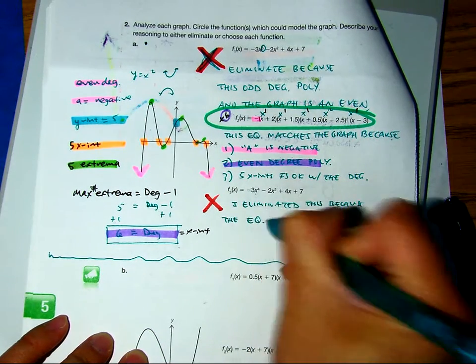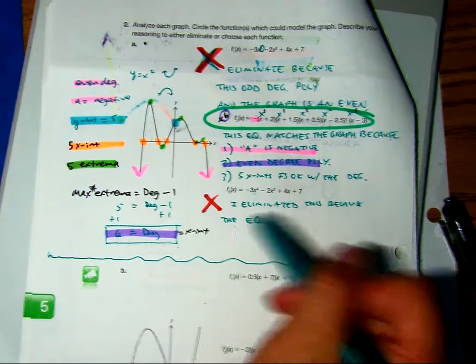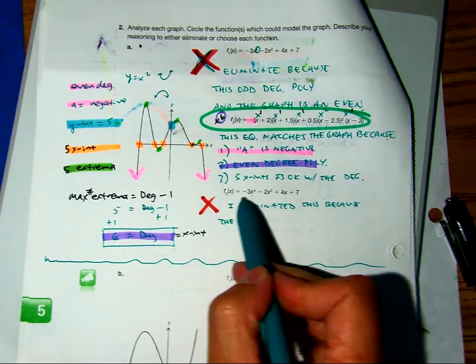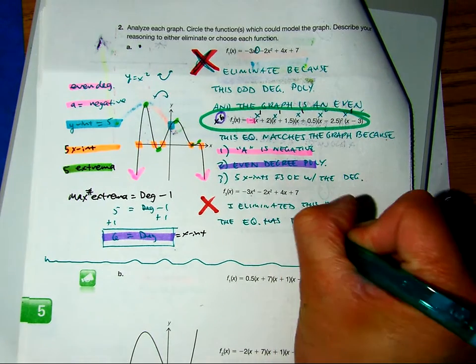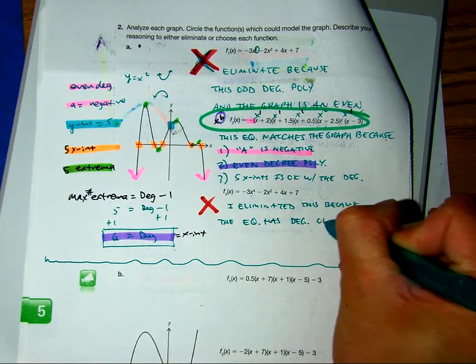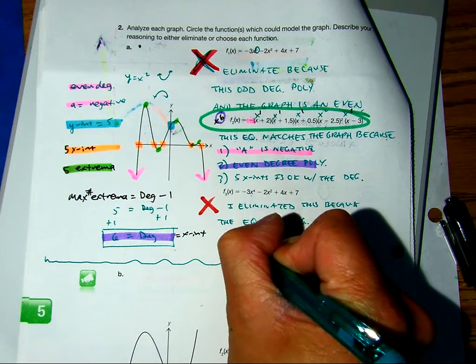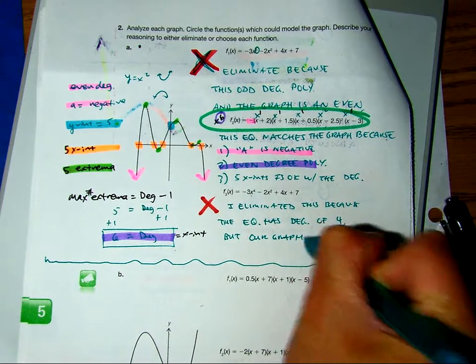Why are we eliminating this? Because our equation has what degree? This one currently right here, the equation has a degree of 4. But our graph has how many x-intercepts?